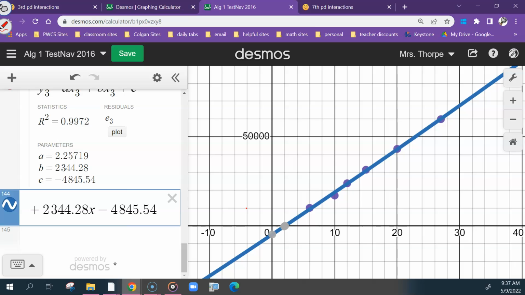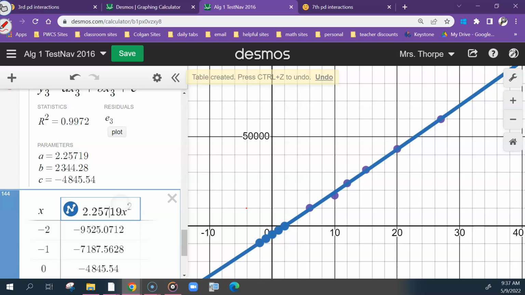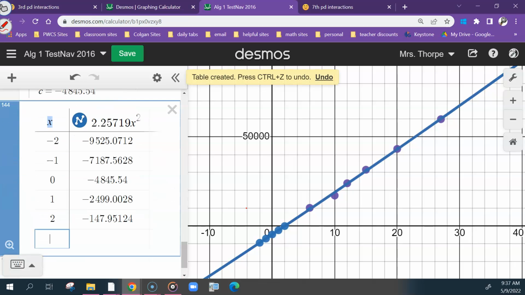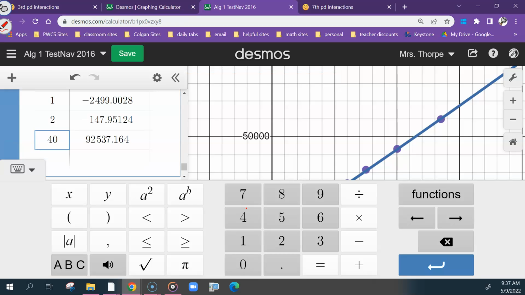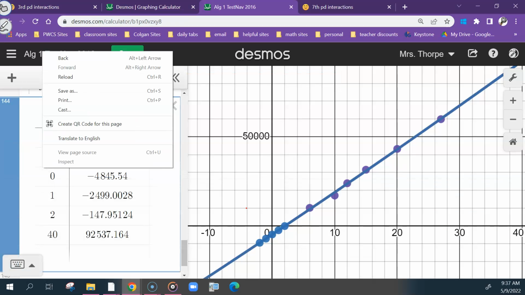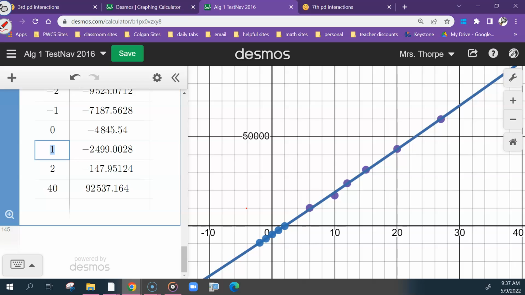And I can change this to a table. So go into here, wheel, change it to a table, put in the number 40. And because it's so exact, it goes over what they give us, but the closest would be the 91,400.